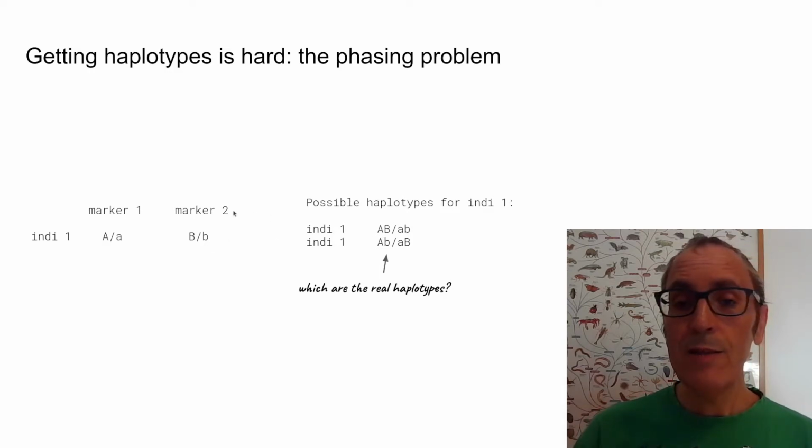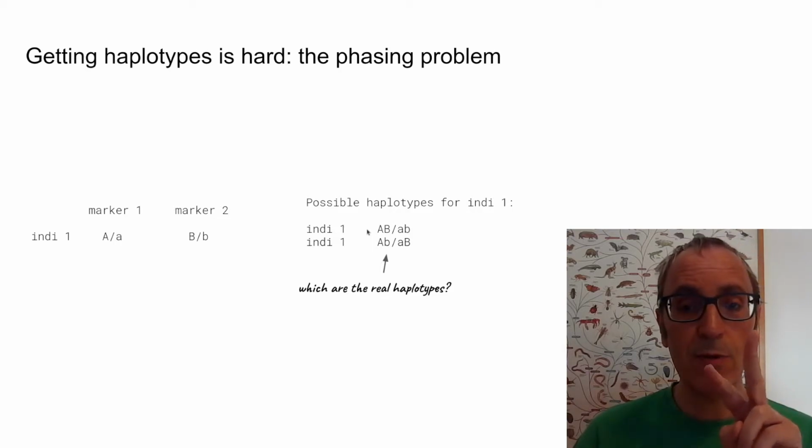Can we derive the haplotypes from the information that we get from the genotyping machine? So this is the observed data. Can we get the haplotypes? No, we can't, because there are two possibilities for the haplotypes.